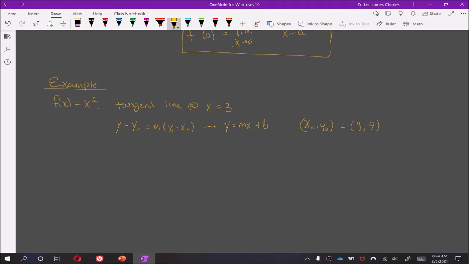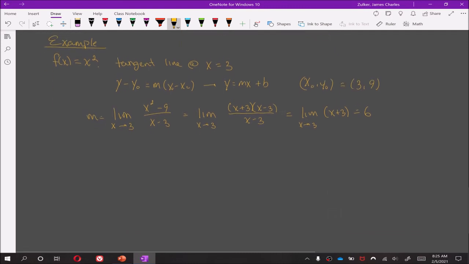So what we need, limit as x approaches 3 of x squared minus 9 over x minus 3. This is the limit as x approaches 3 of x plus 3 times x minus 3 all over x minus 3, which is the limit as x approaches 3 of x plus 3, which is 6.